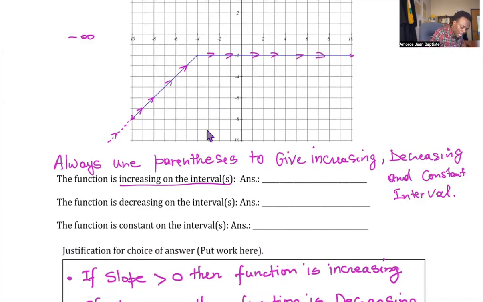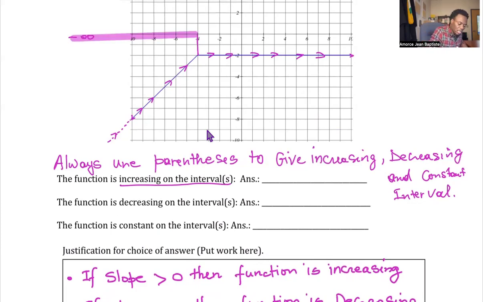But here, I can tell from negative infinity to this value here, which is -4, this graph is going up, right?